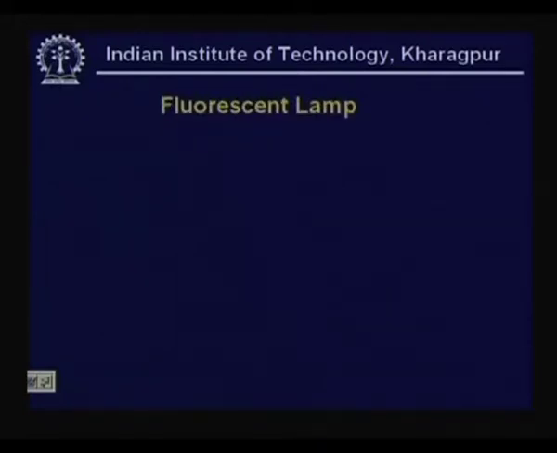Now, having said this, we take up what are called fluorescent lamps. Fluorescent lamps, as the name suggests, employ fluorescence, but they are still discharge lamps themselves.